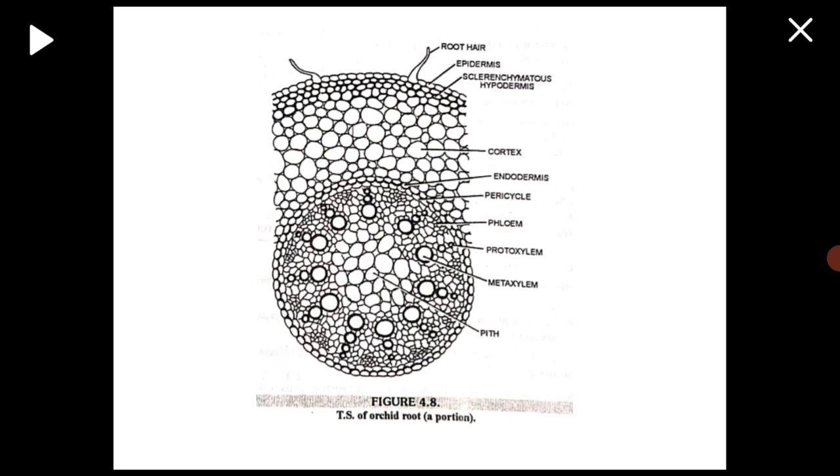Endodermis is single layer, consists of barrel-shaped, thick-walled cells with Casparian strips. The cells of endodermis opposite to protoxylem are thin-walled and called passage cells.